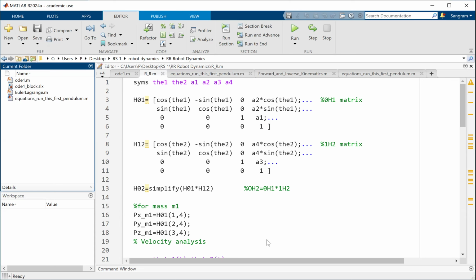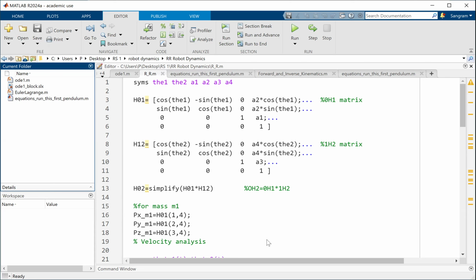You have to separate all those joints, then find out the free body diagram, then apply Newton's law of force equals mass times acceleration, then find out the reactions, substitute those reactions back, and then finally you'll get a differential equation. It's a very tedious process. You can do it for 2 masses, 3 masses, but if you have 7, 8, 9, 10 masses, typically the Lagrangian approach is more efficient.